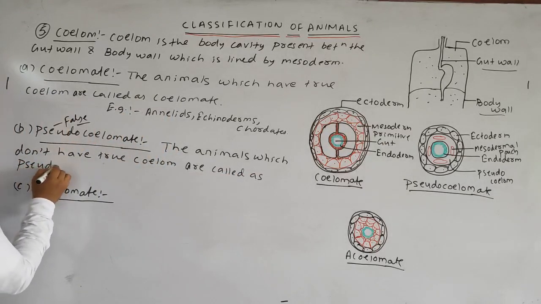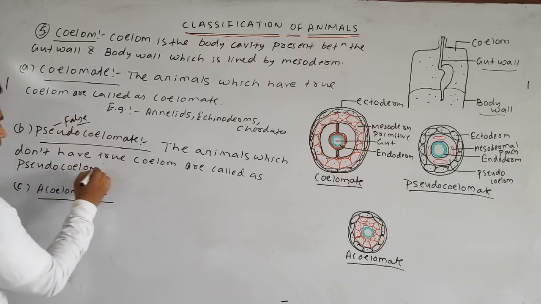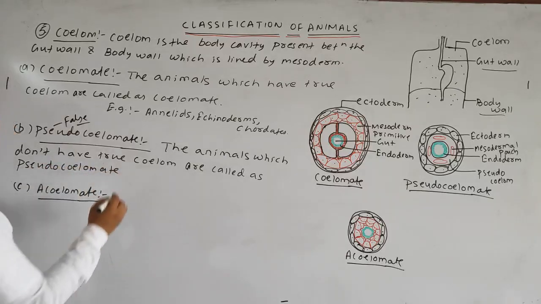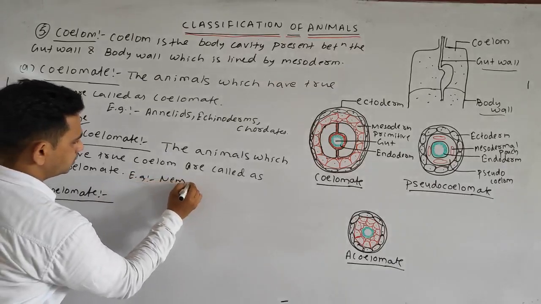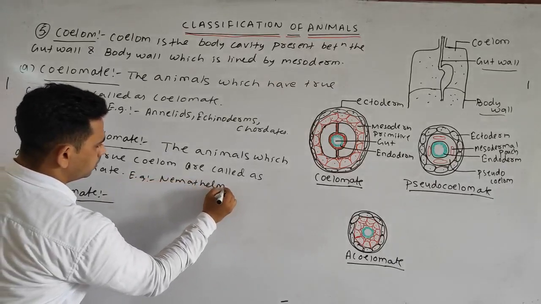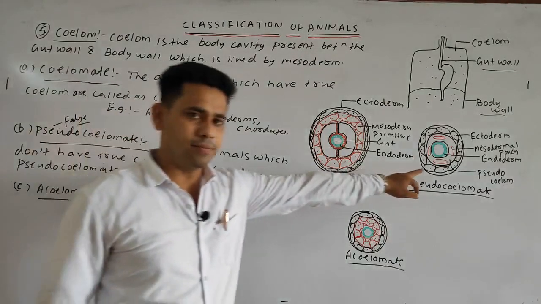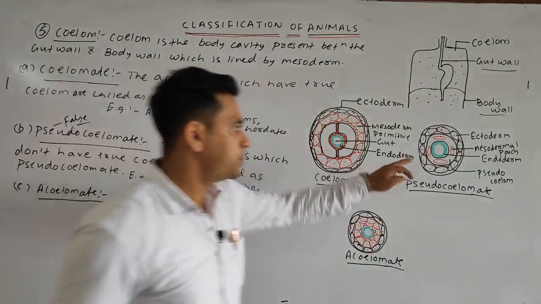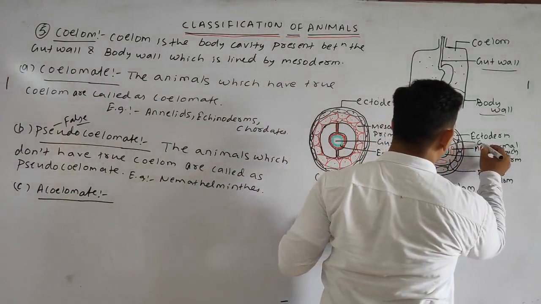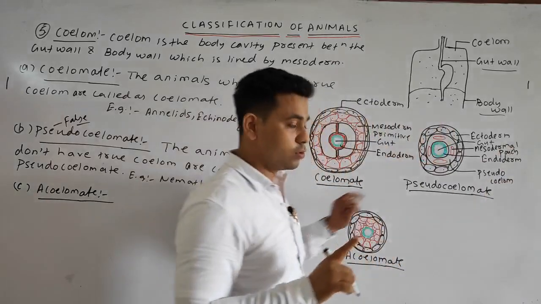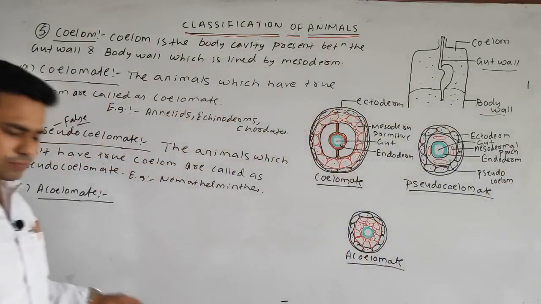Pseudo means false. Coelom is present, but it is not properly lined by the mesoderm. Pseudocoelomate. Okay, examples: Nemathelminthes. Okay, you can see the complete diagram. Next, gut is present, and this one is your gut, or we can say primitive gut. Okay, remember primitive gut.